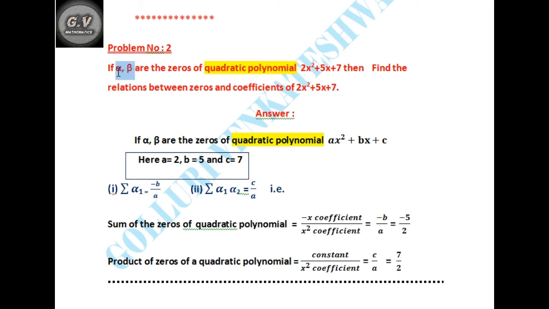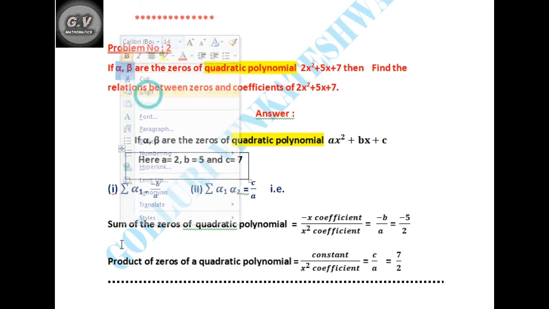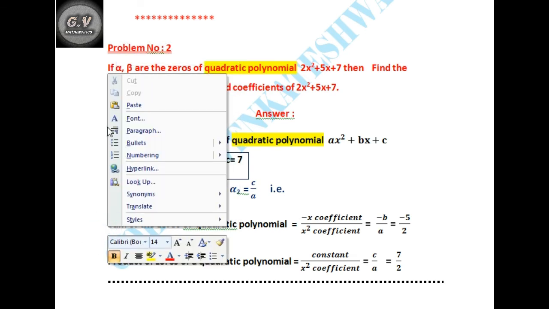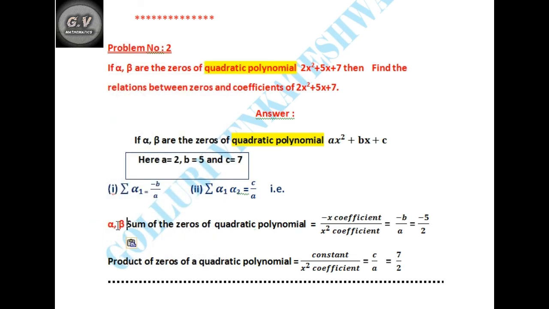So alpha plus beta, the sum of zeros, is equal to minus b by a, where b is the coefficient of x and a is the x square coefficient.